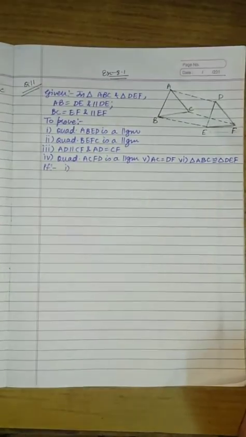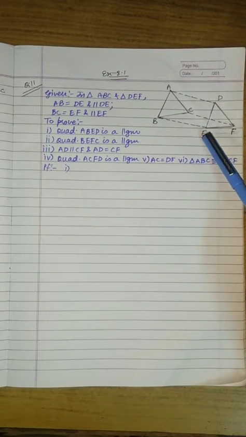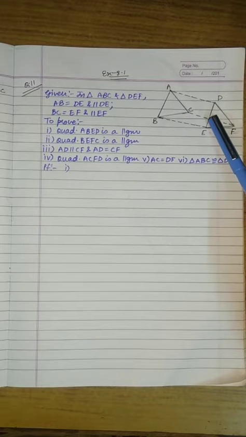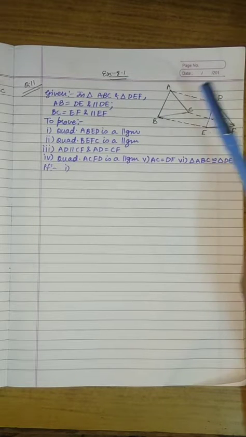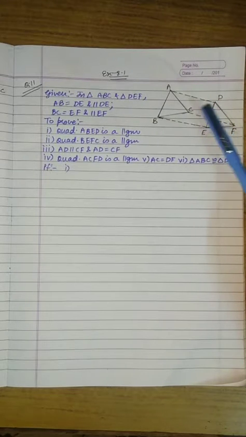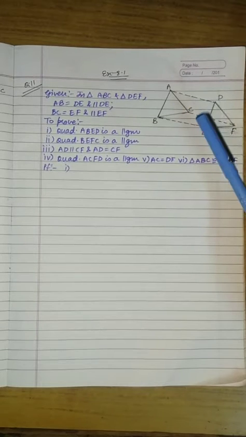Now, in the question we are given that AB and DE are parallel to each other and equal to each other. Therefore, if one pair of sides of a quadrilateral are parallel and equal, then obviously it is a parallelogram.